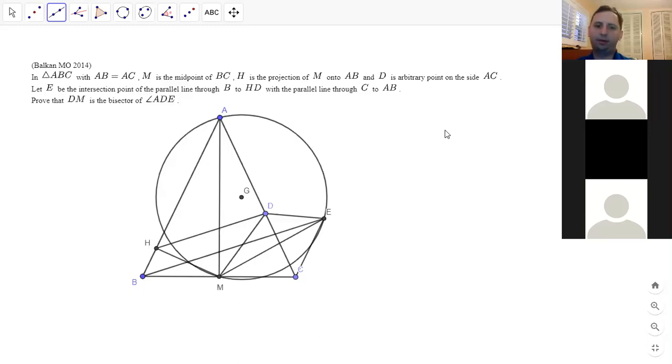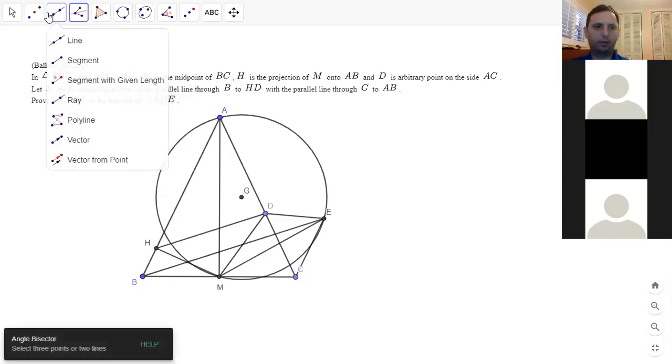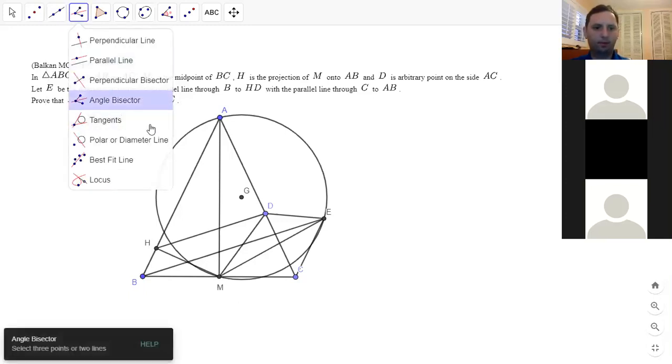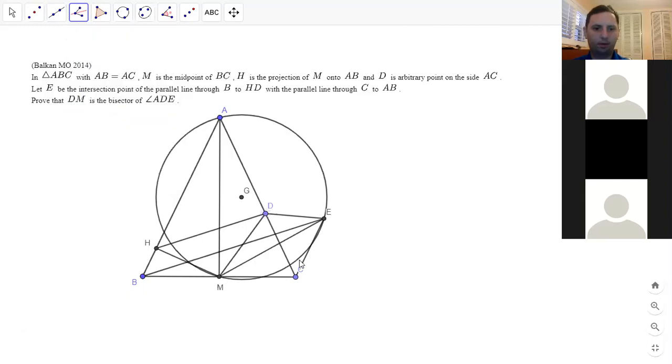Do we use like the incenter-excenter lemma or something? Because I think the angle bisector here is perpendicular to BC, right? So here maybe we can use the incenter-excenter lemma somehow.